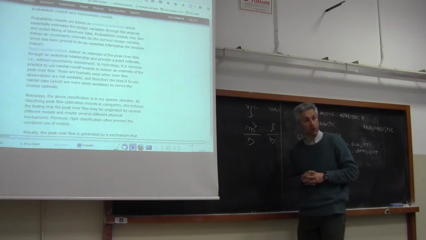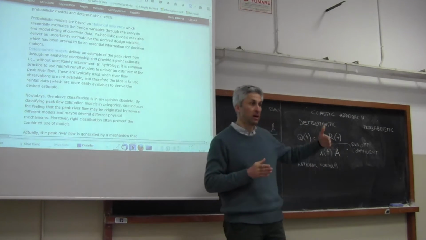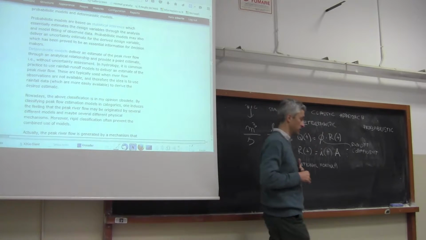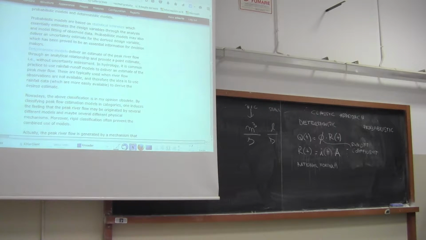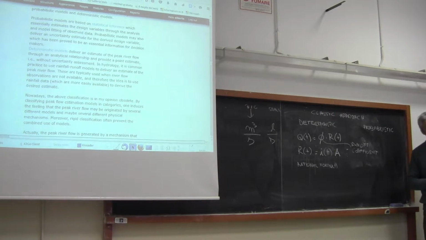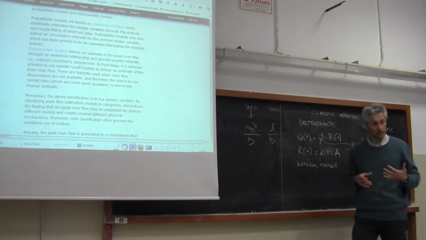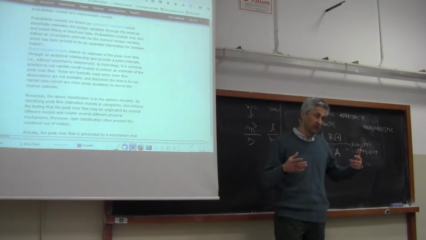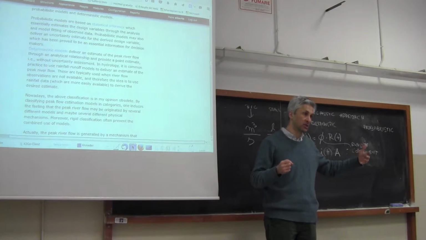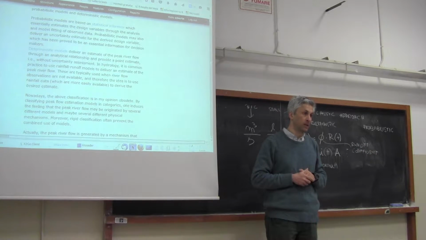Therefore, to the same forcing, several outputs may correspond. So, a probabilistic model is essentially non-deterministic, and it takes, as a consequence, uncertainty into account.